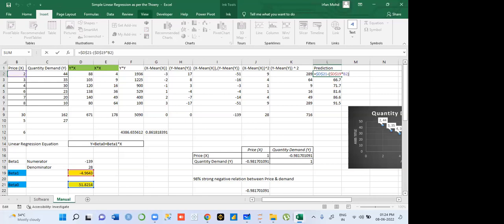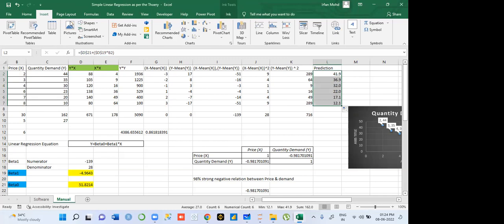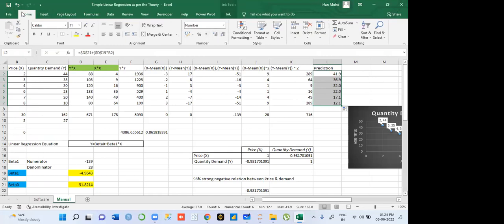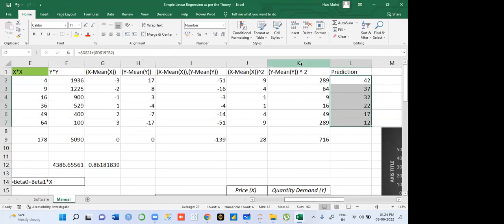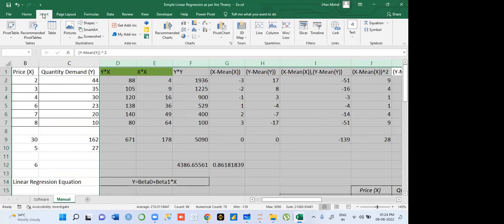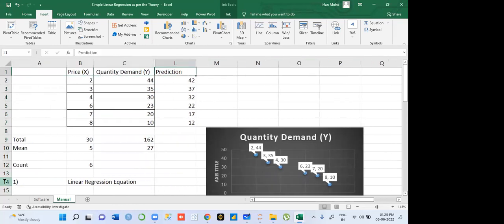Beta naught. 42. Are you getting the same prediction, guys? Prediction clear? How we get prediction?